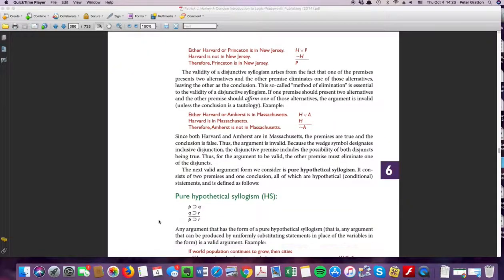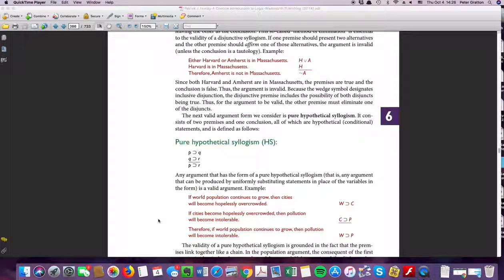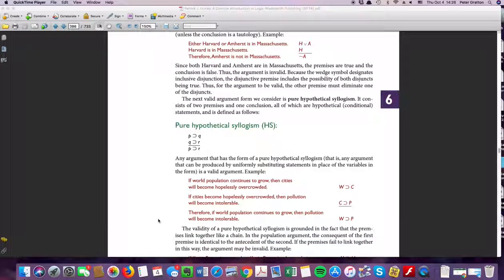Okay? The pure hypothetical syllogism is one we have seen all semester. Okay, you've seen it in chapter 1. It was mentioned in chapter 2, and certainly we've seen it in some of the Venn diagrams from chapter 4, 4.1, and the Venn diagram chapter. Okay?